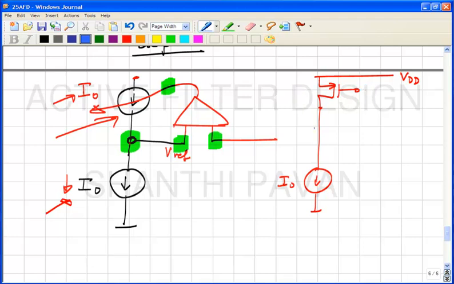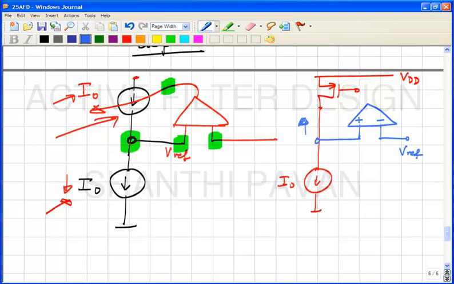So if I want to keep this potential at Vref, what should I do? No, assume you have an ideal op amp. You compare this to this. Let's put the arbitrary signs for the op amp.